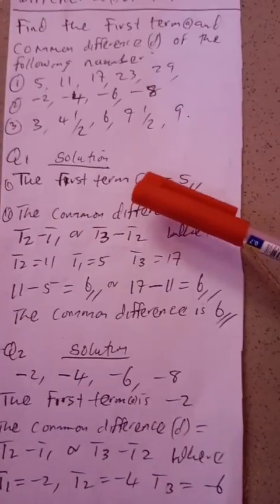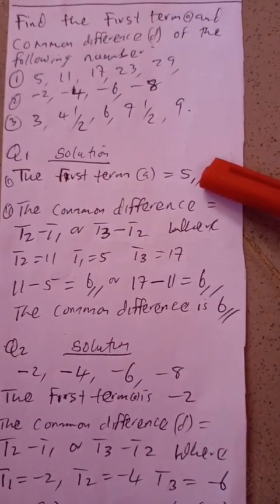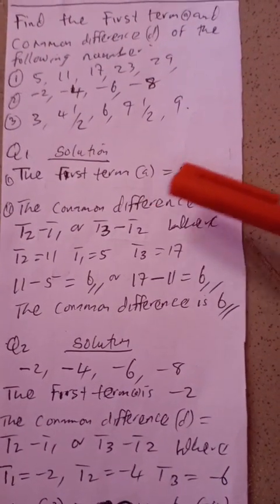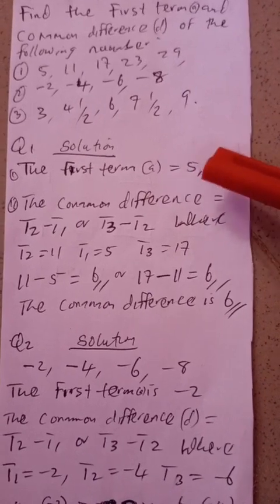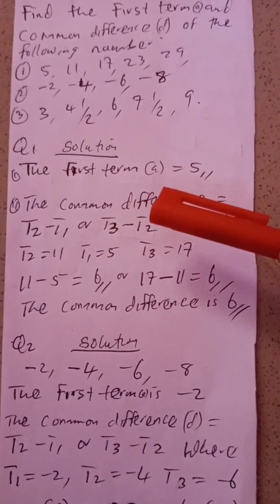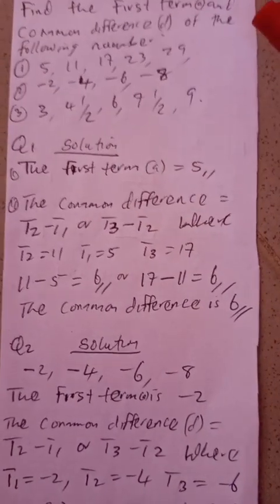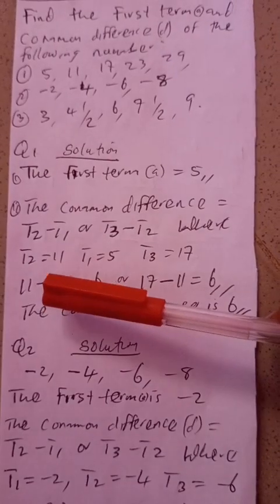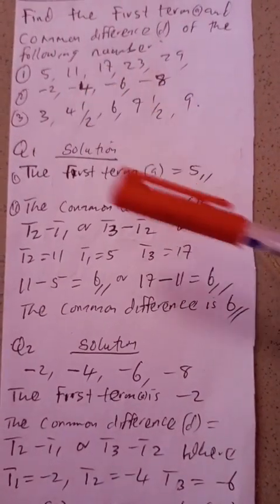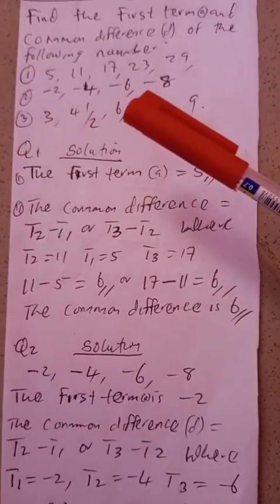We say the first term is the first value, and the first value there is 5. That means our first term is equal to 5. Then the common difference is equal to T2 minus T1, or T3 minus T2, or T4 minus T3, where our T2 is 11, our T1 is 5, and our T3 is 17.